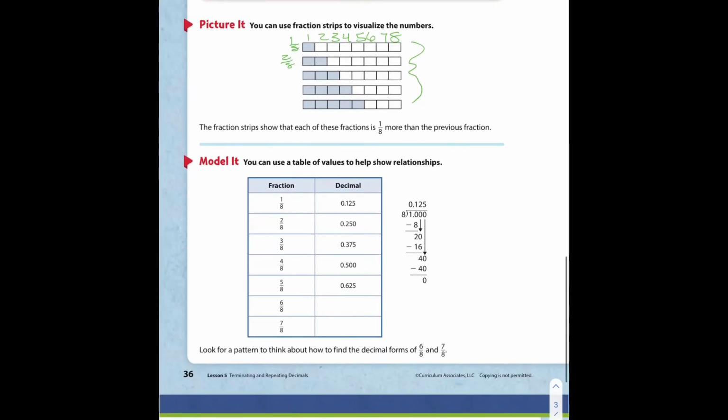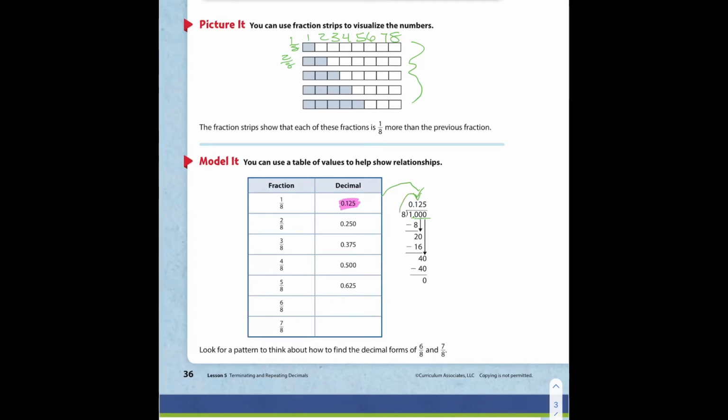Now, when we take that a step further and we look at it as a table, we're going to look at that fraction and how it's written as a decimal. So 1/8 as a decimal is 0.125. Now, the way that we get that is over here on the side where they've done the long division, 8 into 1. And they've added the decimal with 3 zeros. 8 goes into 1 0 times, so they bring their decimal point up.